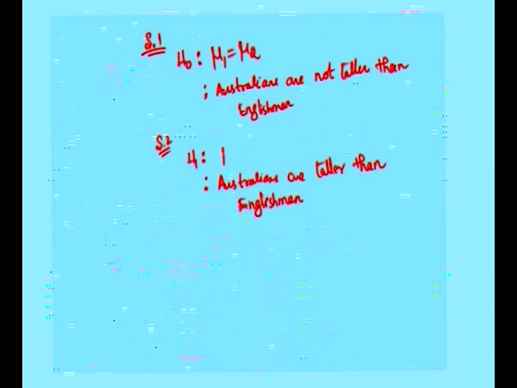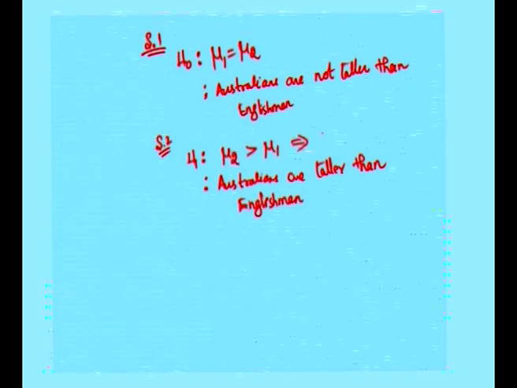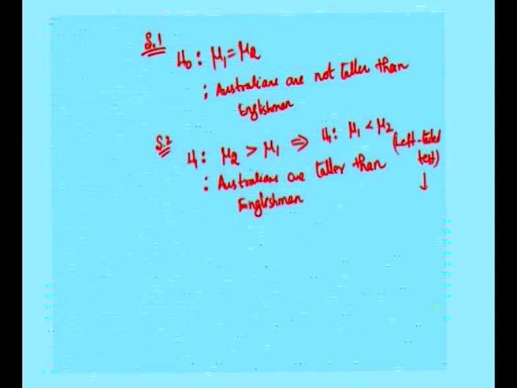Therefore, taller in the sense mu 2 is greater than mu 1. This implies H1 is such that mu 1 is less than mu 2, and this happens to be left tailed test, right, left tailed test. So, it is one tailed, the whole test is one tailed test.